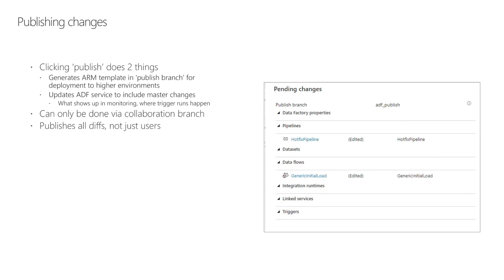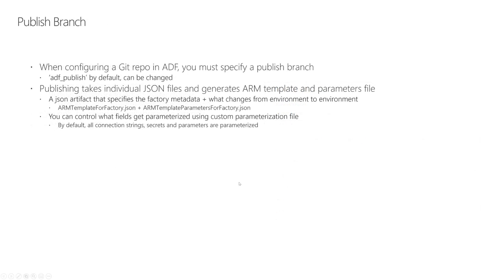It creates an ARM template, collects all of our assets, and moves it into the Data Factory application environment. The key point is that when you click publish, you're not just publishing your stuff. You're publishing every change that has been collected into that collaboration branch. So it's really important to understand that whenever you're going through this.